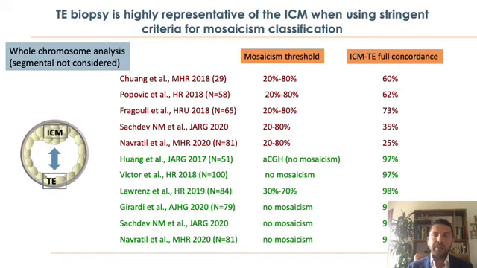That means that mosaicism is likely to be present in a range between 2 to 4% of human preimplantation embryos at the blastocyst stage, and is often overrepresented in some studies using weak criteria for classification.